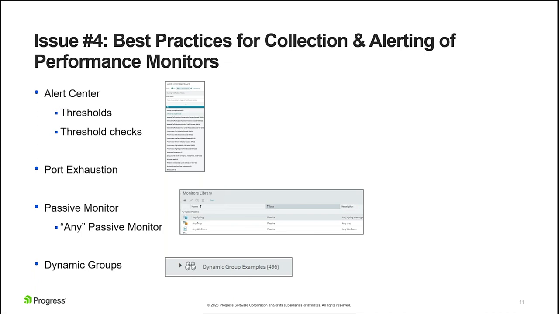At the time that we do an Alert Center check, we're not going to the device and asking any questions. We're going into the database and pulling this information back and saying, okay, here's the information. Does it match the threshold check? And then you proceed. The customer that contacted us, their environment was terribly slow.